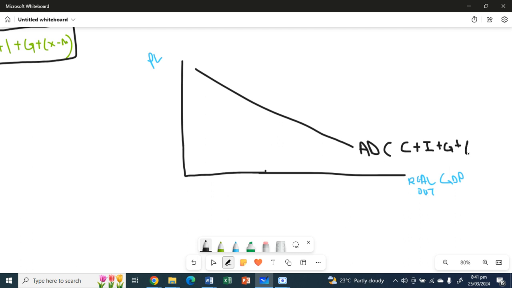And then we've got our net exports. When we're exporting more goods, it means foreigners are demanding our goods more.